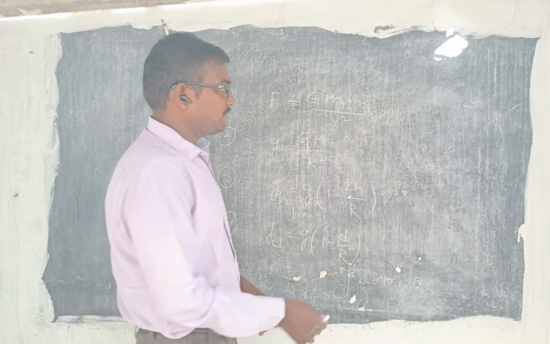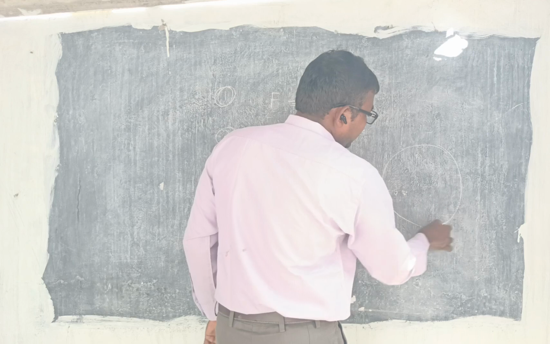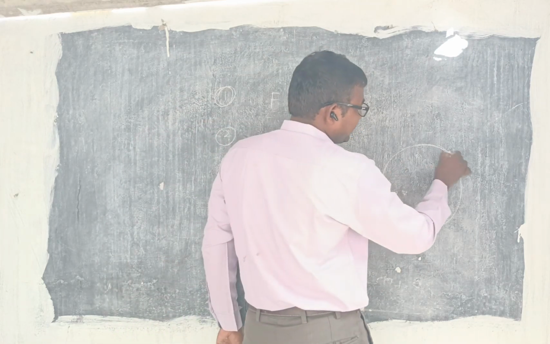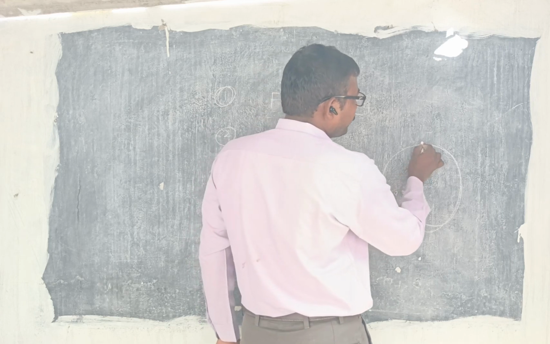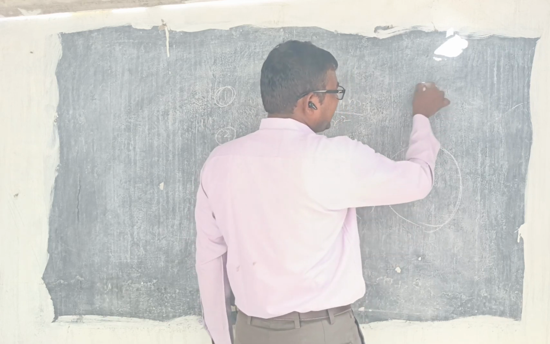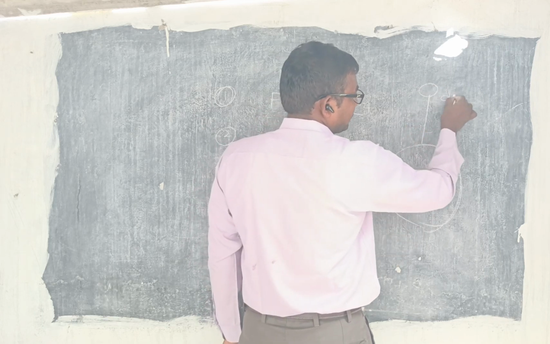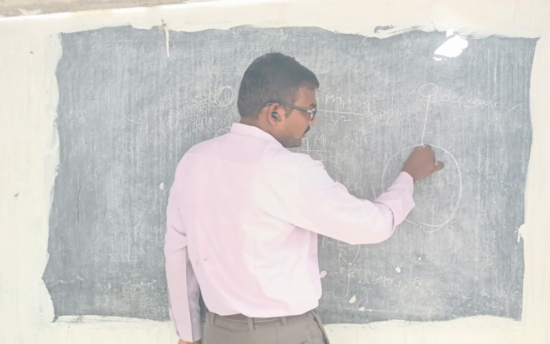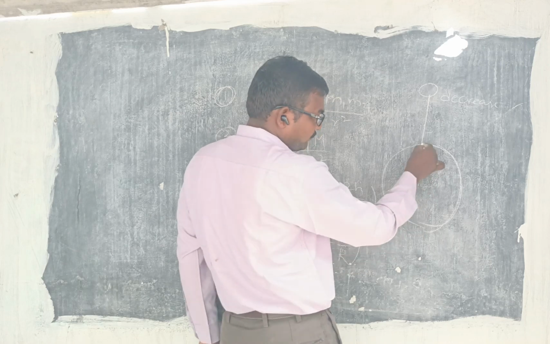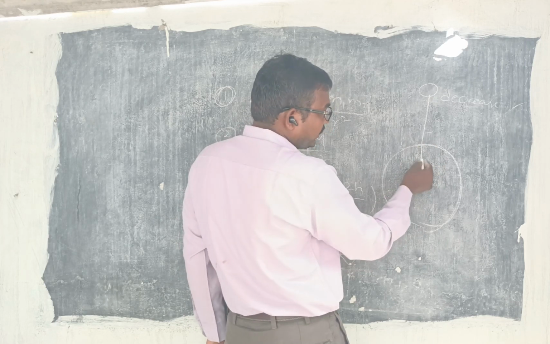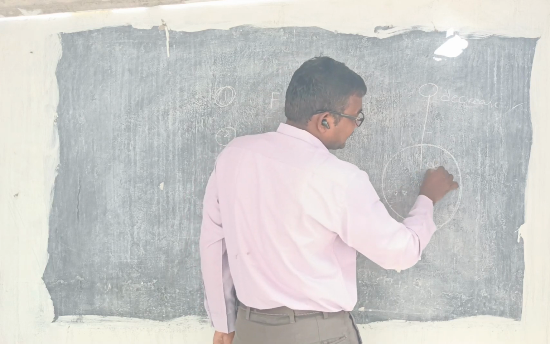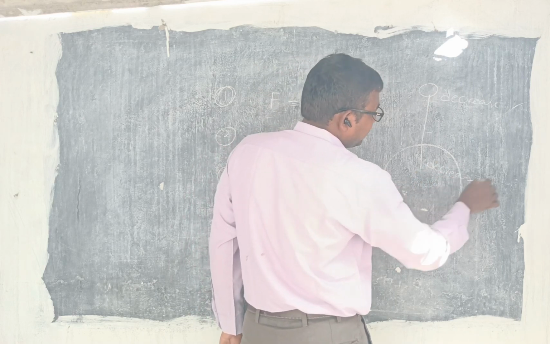The value of gravitational acceleration decreases if you move above the ground by increasing the height. Or if you move to a depth of the ground, with more depth, the value of g also decreases.